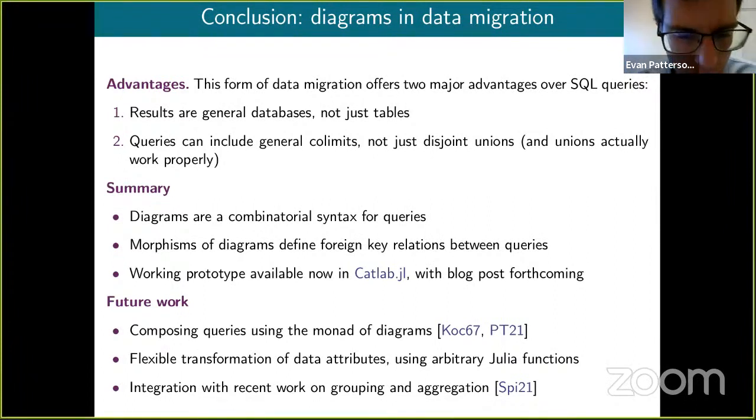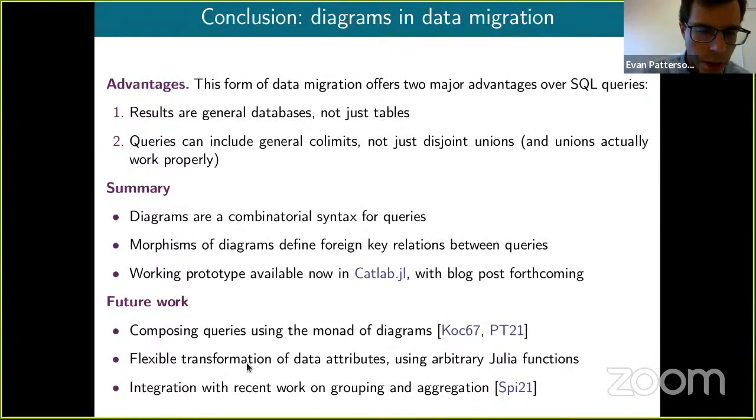Some future things that I'd like to work on in this space are: certain classes of these queries can be composed using the monad structure that these things have, as well as a distributive law.